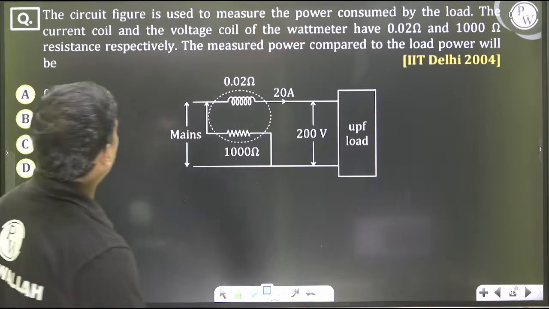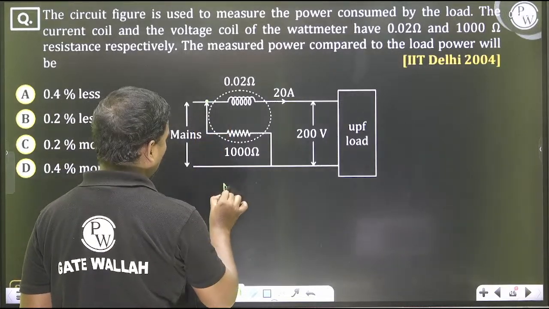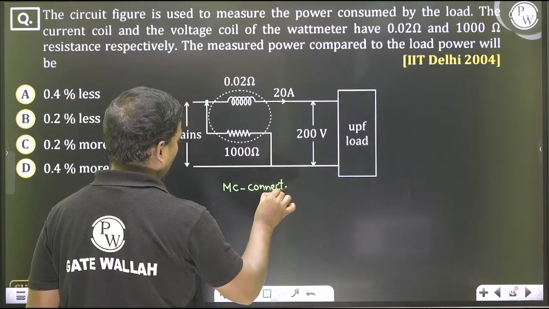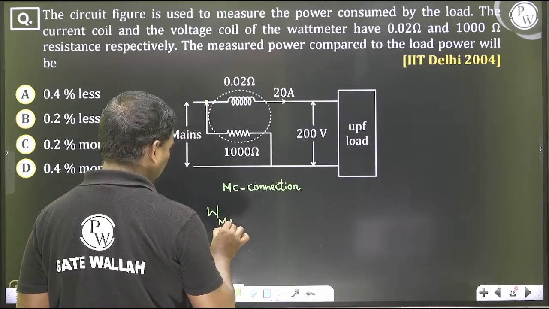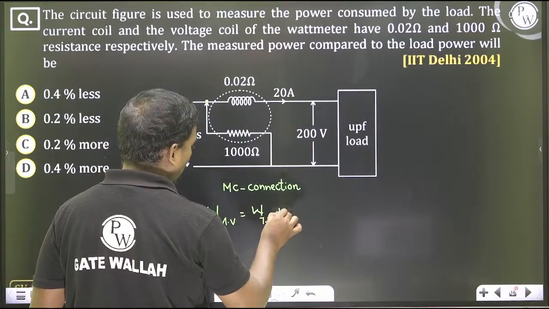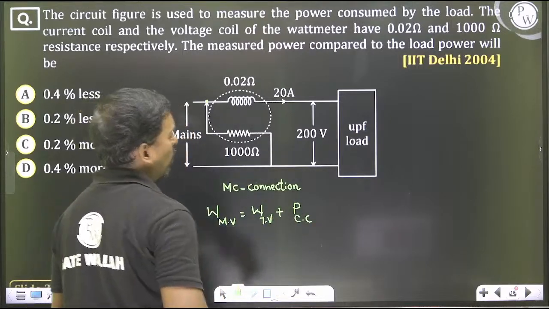Answer. See here, this is what connection? If you see, the pressure coil is connected at the mains side, so this is an MC connection. In MC connection, the measured value will be what? In addition to the true value, there will be the extra power consumed by the current coil. So what is the true value here?